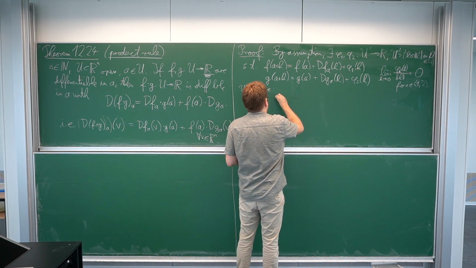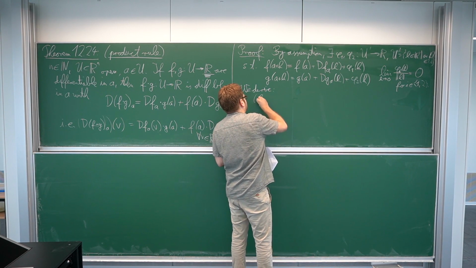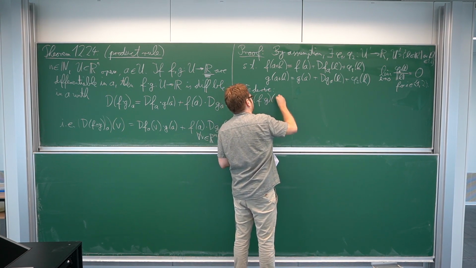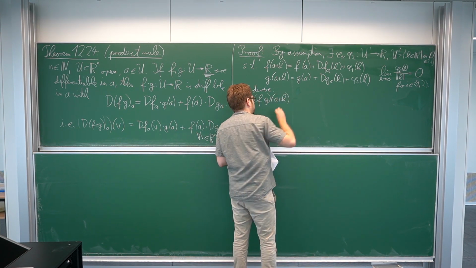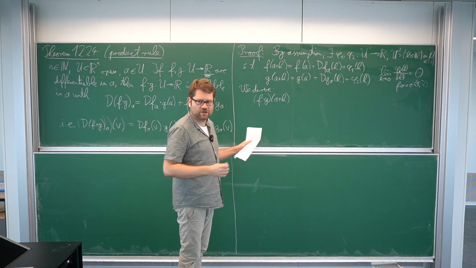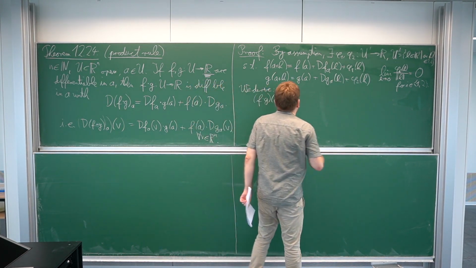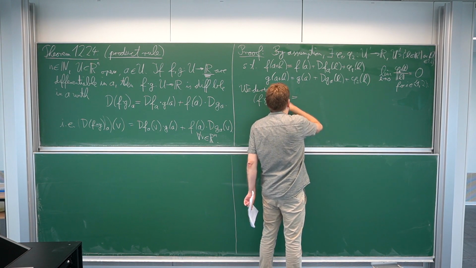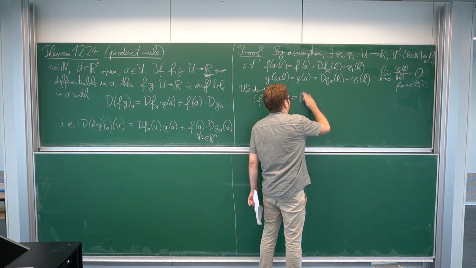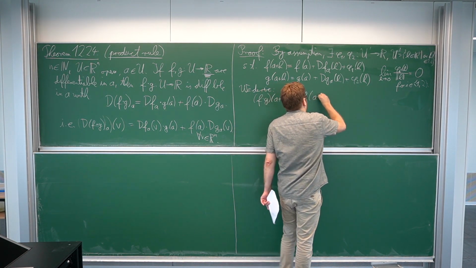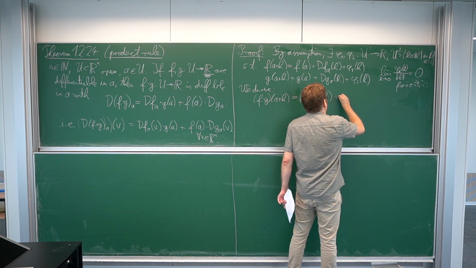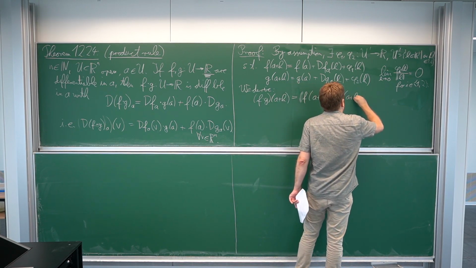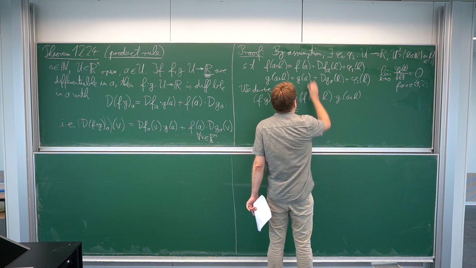So we need to study f times g of A plus H, and to show that this satisfies the equation we want. So let's first find out what we have. So f times g of A plus H is, of course, just by definition, f of A plus H times g of A plus H. So let's replace them by the right-hand sides here.